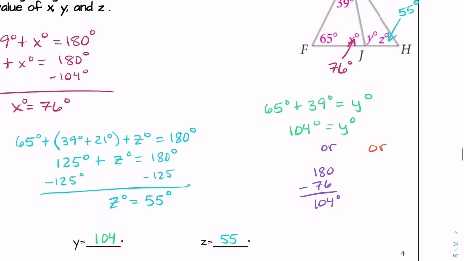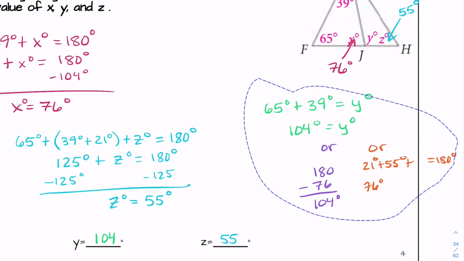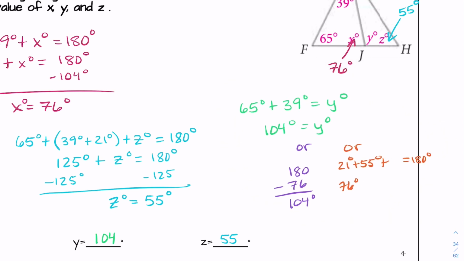Once I have 21 and 55, I could have done 21 plus 55 degrees plus y degrees equals 180. And guess what? I would have gotten 50, 60, 70, 76. So 21 degrees plus 55 degrees plus y degrees equals 180 degrees.